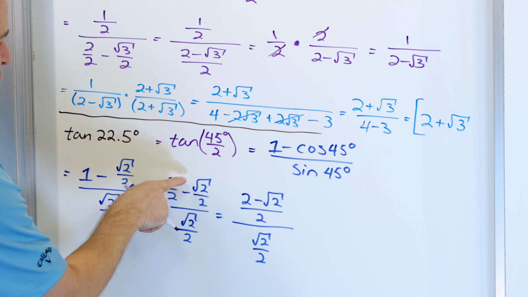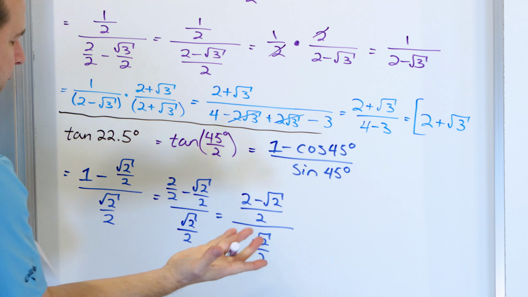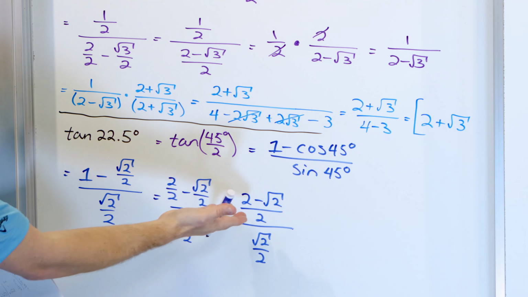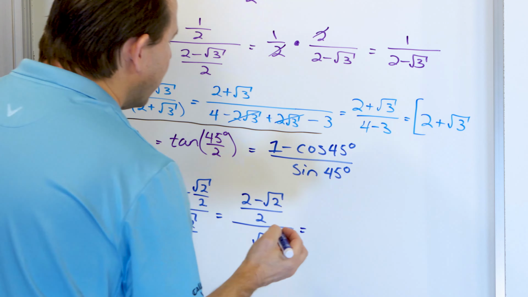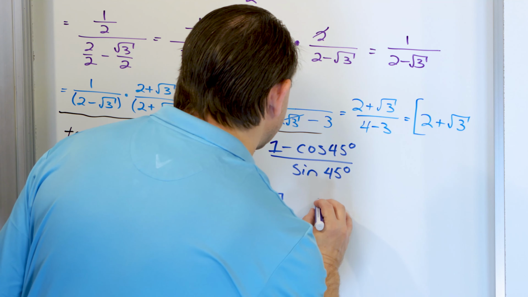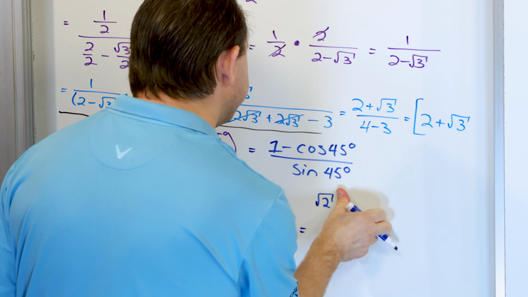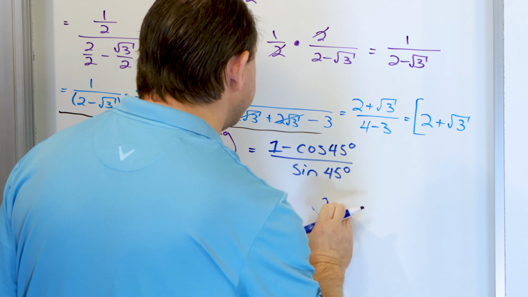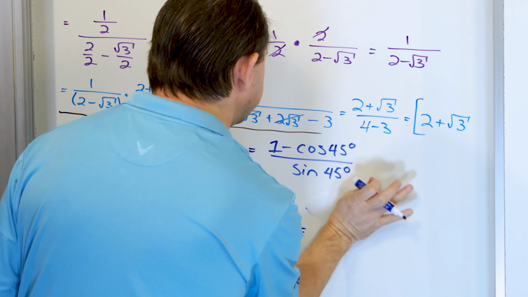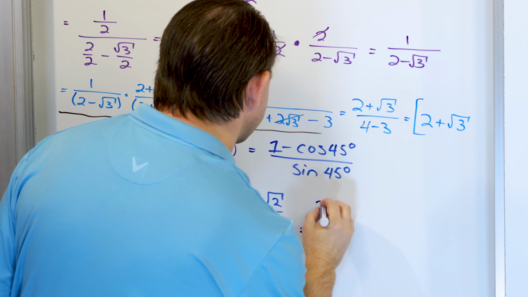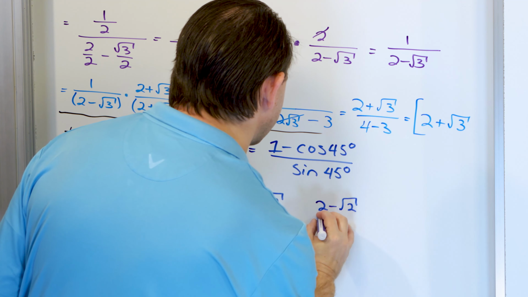In the numerator, I subtract the numerators, keep the same denominator, and now I have a fraction, an ugly one, divided by another fraction. So it's going to be 2 minus the square root of 2 over 2.